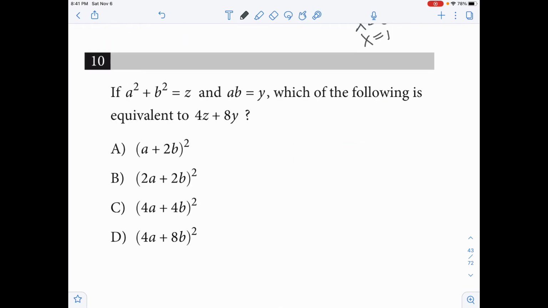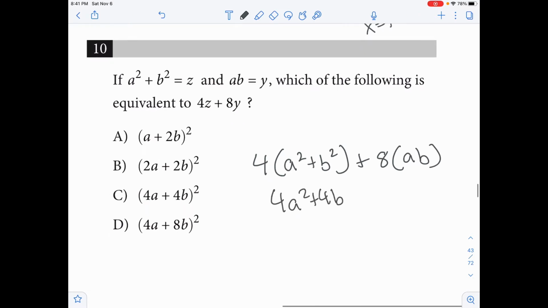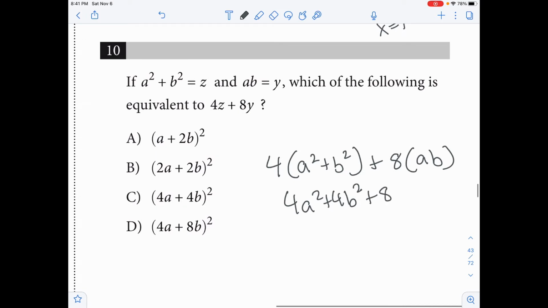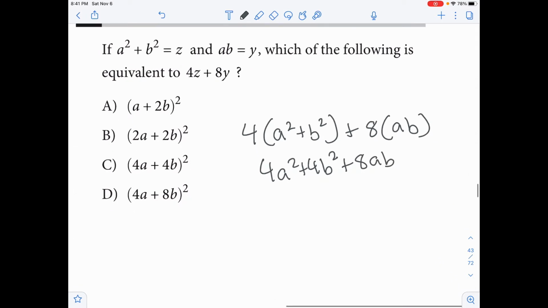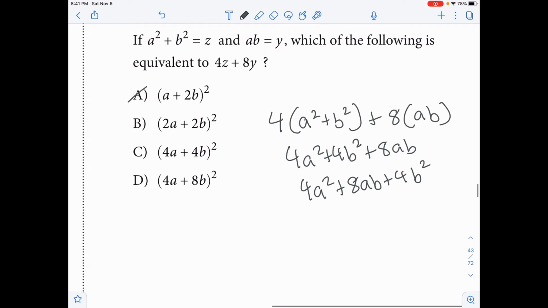10. So I'm just going to substitute a squared plus b squared for z and ab for y. So we're going to get 4a squared plus 4b squared plus 8ab. So therefore it's not this, not this, not this.